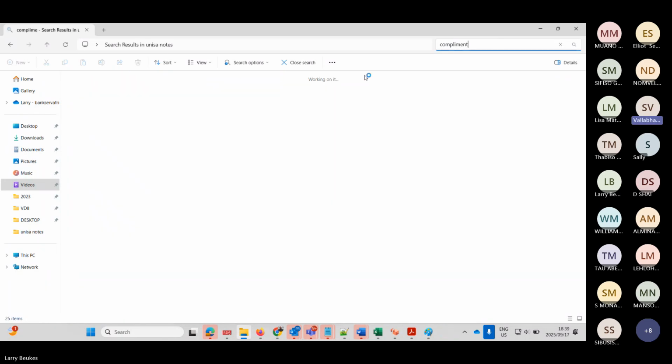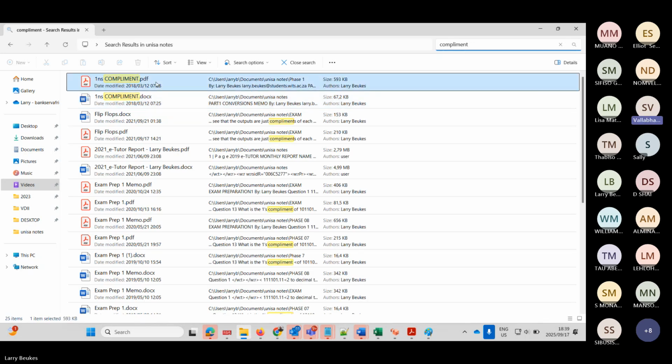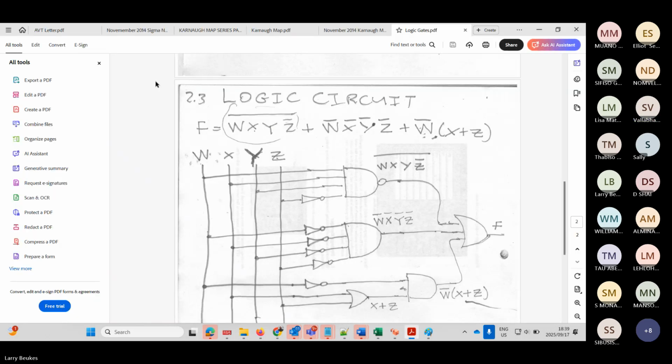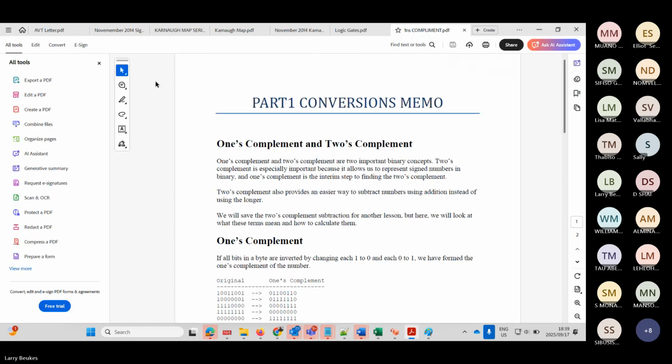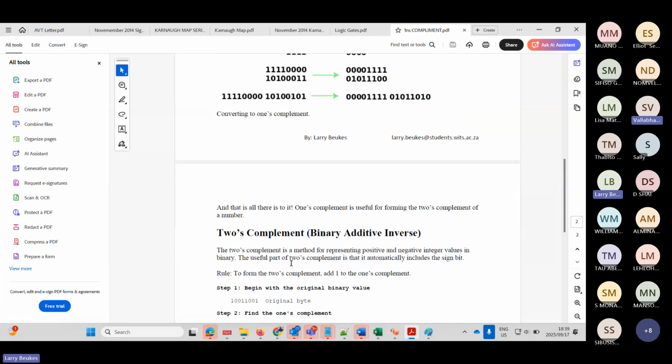These are very, very simple questions. You just need some logic here, and you should try. Do you want to start with 1's complement before we go to 2's complement?